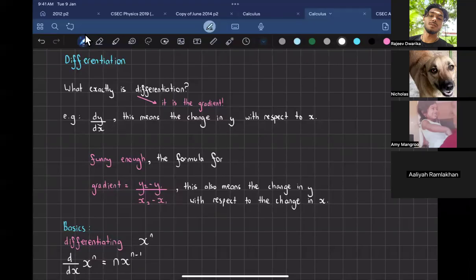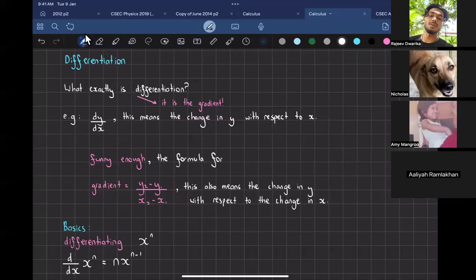Anything to the power of 0 is? 1. So your final answer will be 2 by x to the power of 0, and x to the power of 0 is 1. So 2 by 1 is 2. So if you differentiate 2x, the answer is just 2.